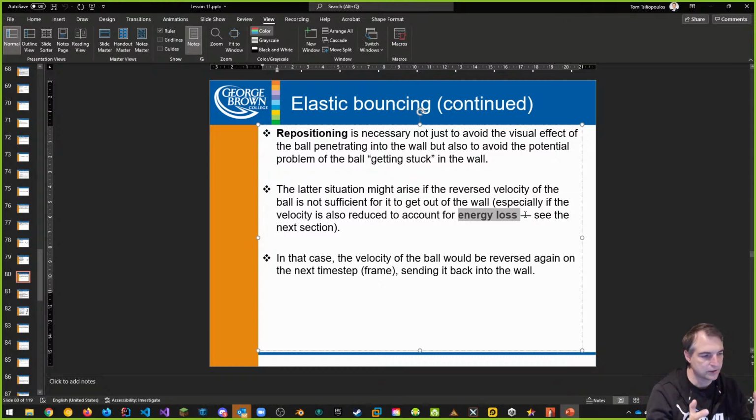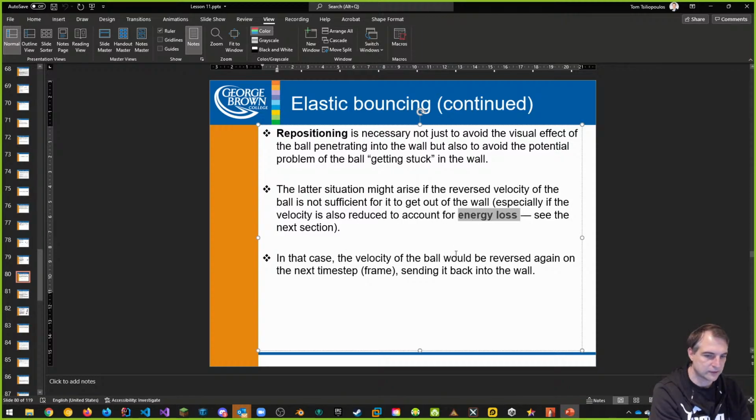If my kinetic energy is not preserved or conserved, then we have an inelastic collision. We have some energy loss. The energy loss could be the effect of the ball deforming a little bit. There's friction against the wall, friction in the air, noise, heat, all that kind of stuff can cause energy loss.